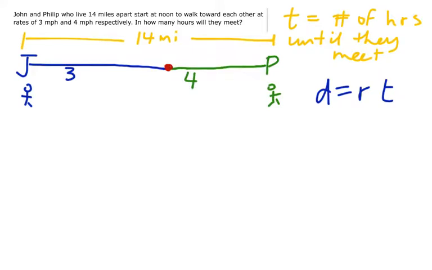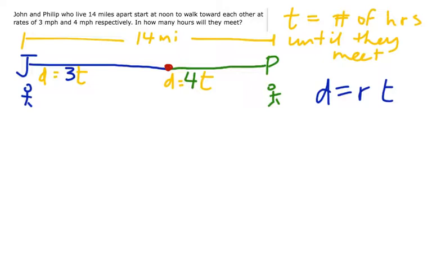Since distance is rate times time, we can call the distance that John walks 3t. That's 3 miles per hour times t hours. Philip walks 4t, which is 4 miles per hour times t hours, giving a distance of 4t miles.